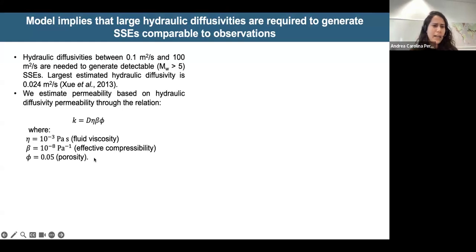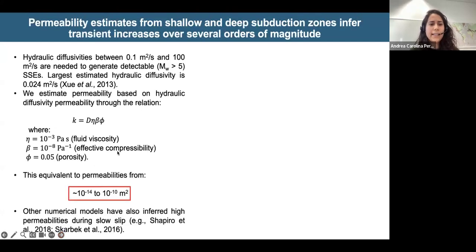So we just assume average values for these parameters. And we found that the estimated permeabilities from this approach were between 10 to the minus 4 and 10 to the minus 10 meters squared. So these are very high permeabilities, but just noting that this is not the first or the only model that has suggested high permeabilities.